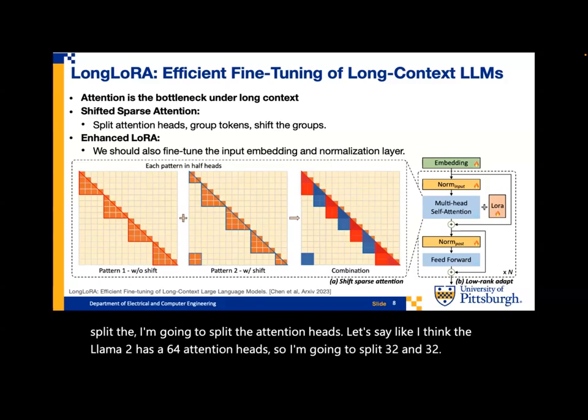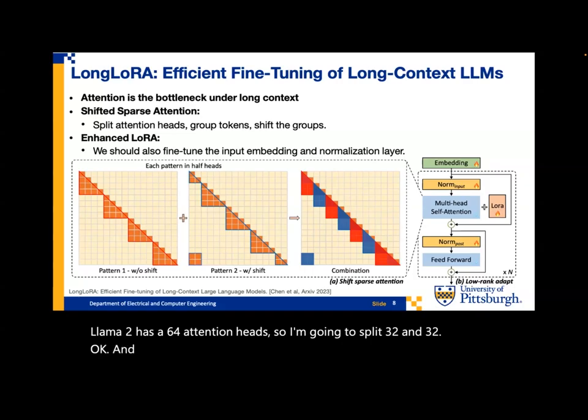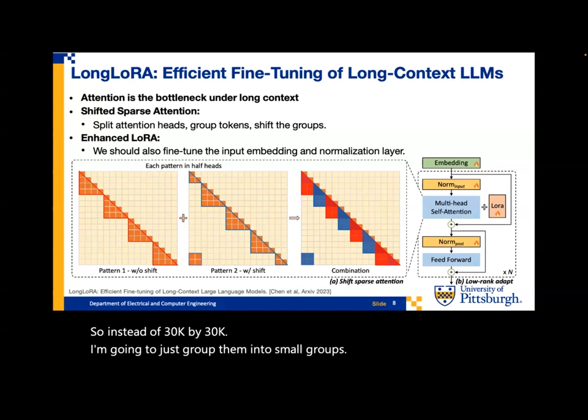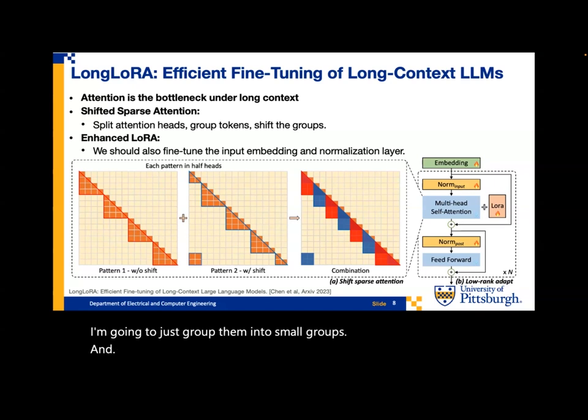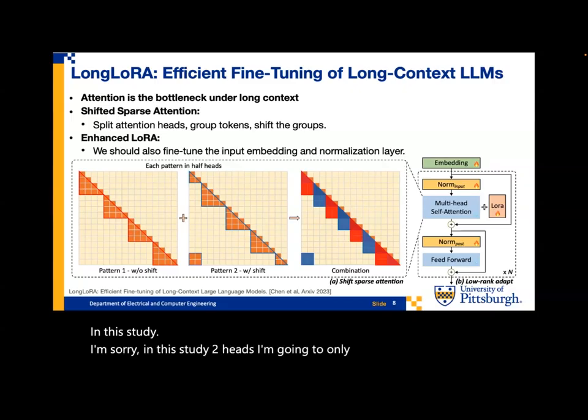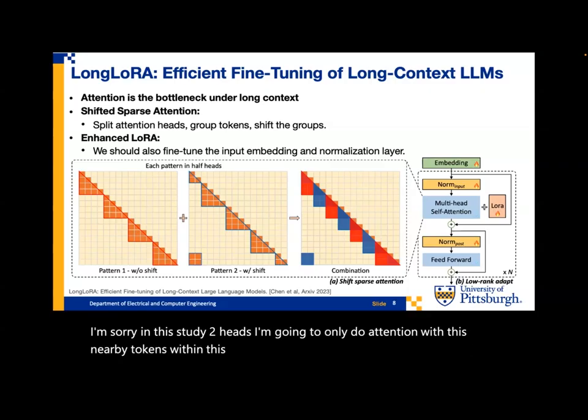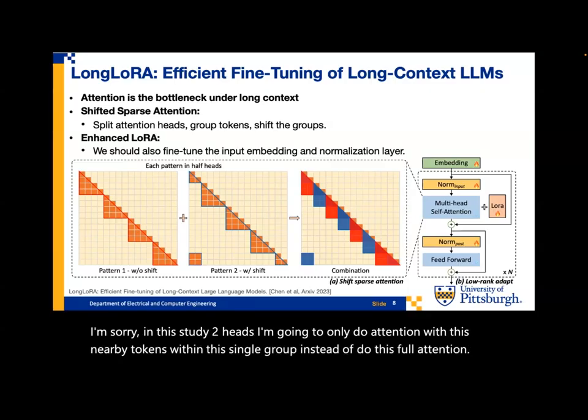And also I'm going to group the tokens. So instead of 30K by 30K, I'm going to group them into small groups. In these 32 heads, I'm only going to do attention with the nearby tokens within a single group instead of doing full attention. Okay. But that gives you a problem, right?